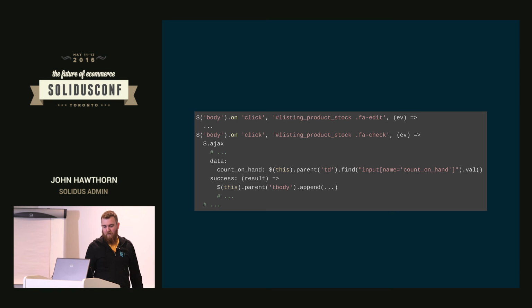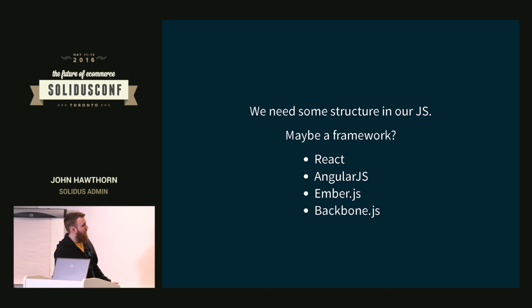And it's just hard to move forward. And there's no structure to this, and I had no idea what any of it did. And it being 2015 or 16, I figured we need some structure, and a framework should help us.